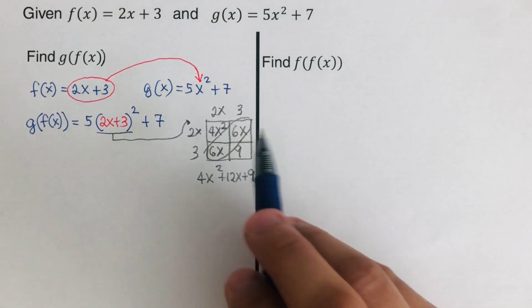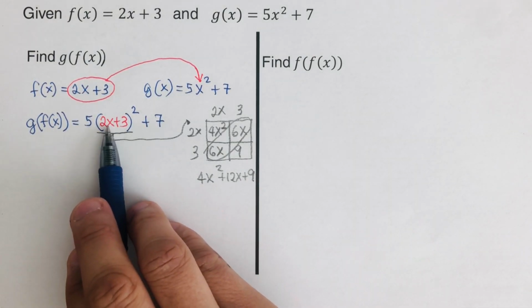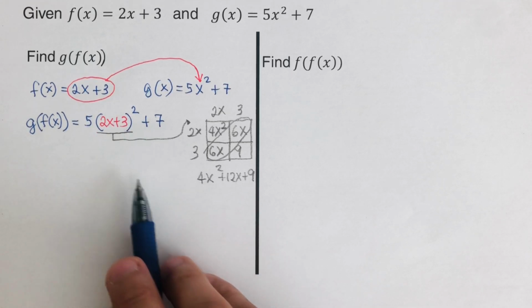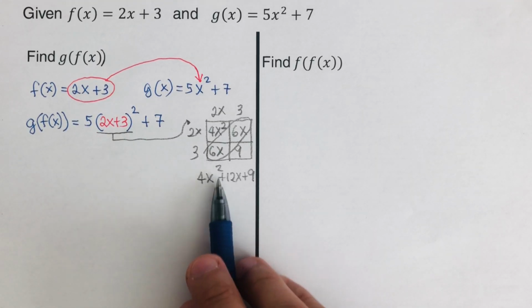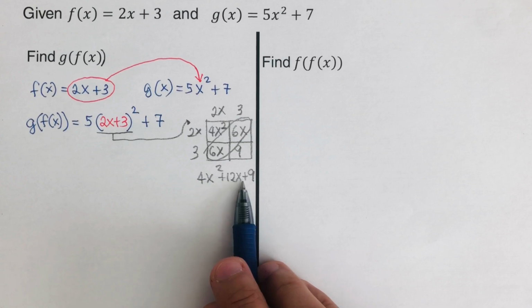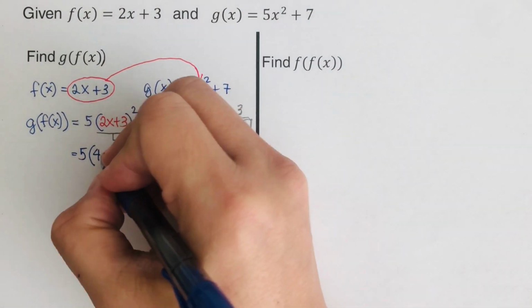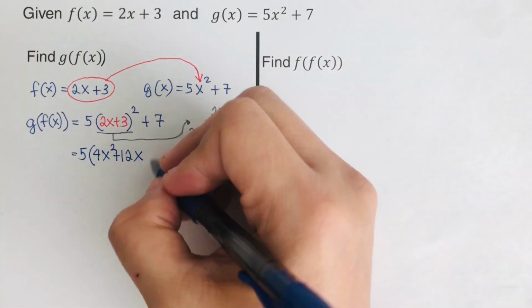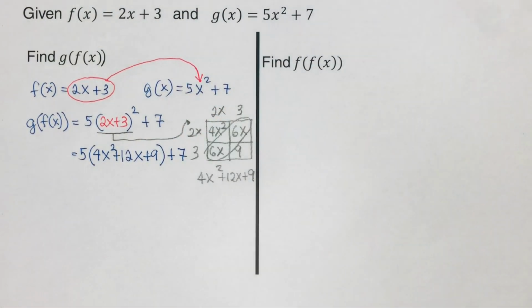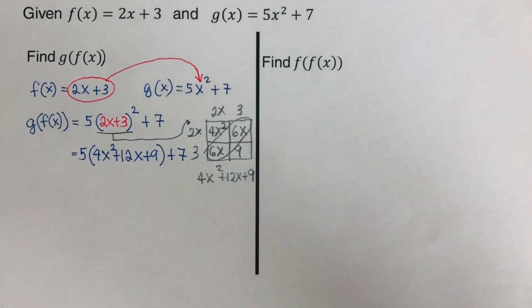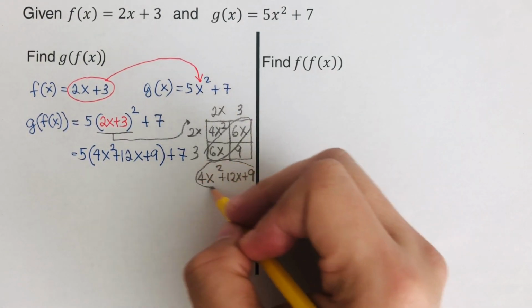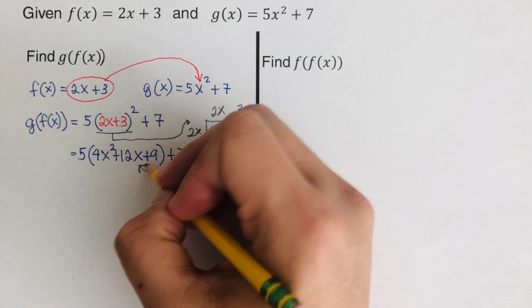After we multiply 2x plus 3 by itself twice, we get 4x squared plus 12x plus 9, and that's the one we plug in here. Again, this value that we have here comes from the one we got over there.